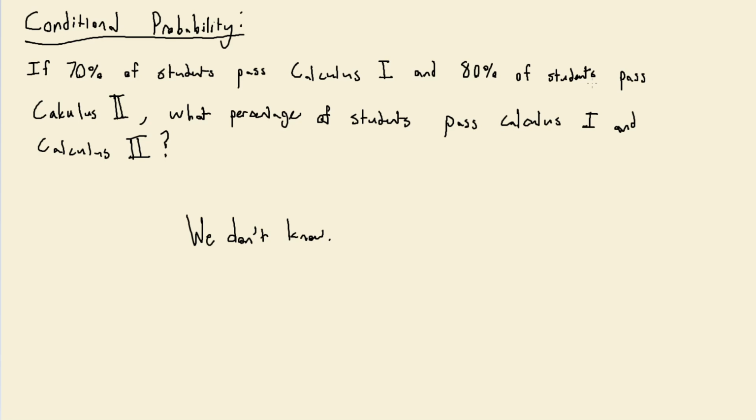And so we don't know what the odds of passing Calculus 1 and 2 are, because we only know the rough estimates, or the raw proportions of what students pass Calculus 1 and what students pass Calculus 2, but we don't know what percentage of students pass both, and we don't know what percentage of students failed both. And so let's get into this discussion to see how we can navigate situations like this and deal with these types of problems.